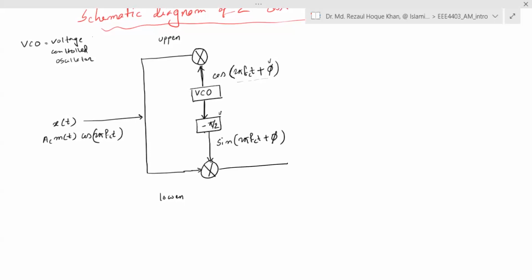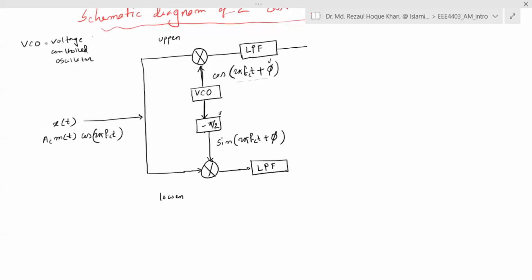Okay, the outputs of both of the demodulators pass through a low pass filter.